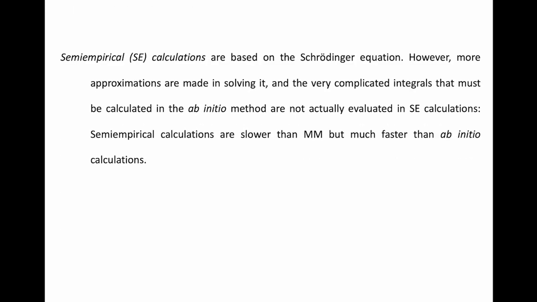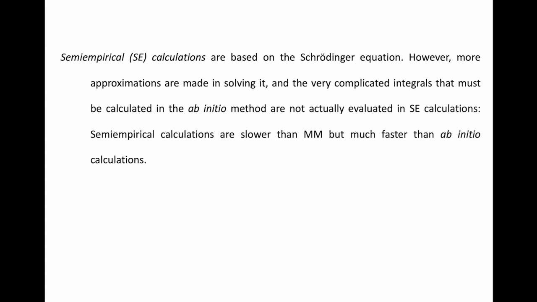Then the next method is the semi-empirical method. This method is also based on the Schrodinger equation, and we use various integrals and approximations to solve it. However, more approximations are made compared to the ab initio method. The very complicated integrals that must be calculated in the ab initio method are not actually evaluated in the semi-empirical method.